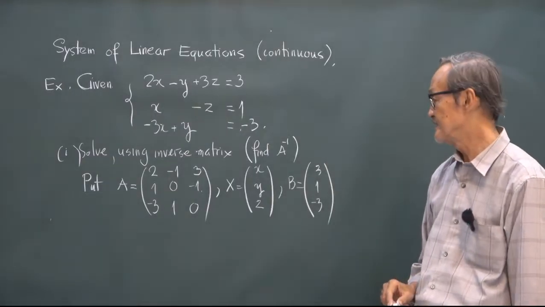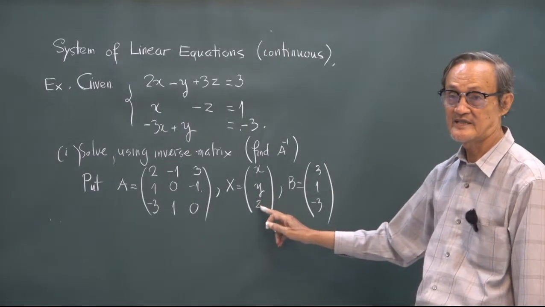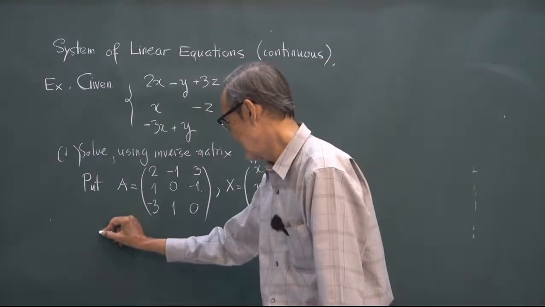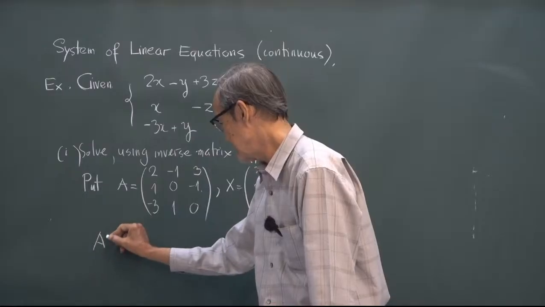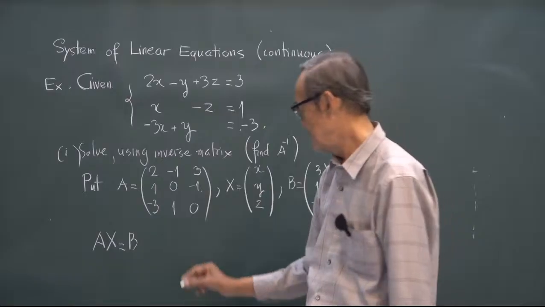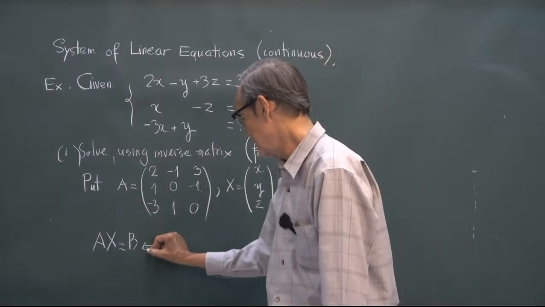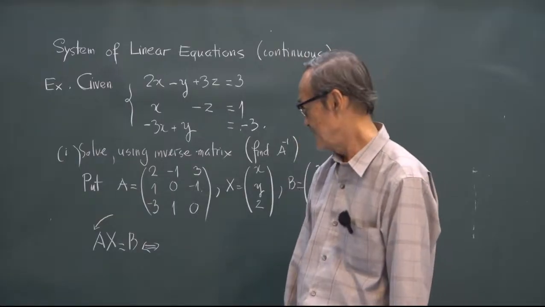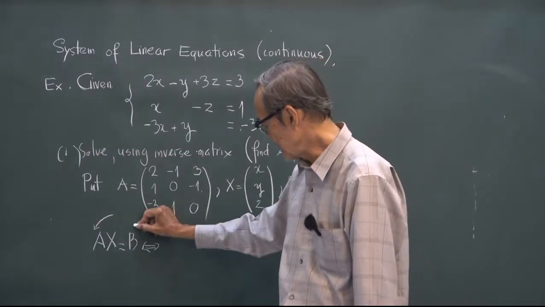Okay. Now that is a column, not a row. And we have AX equals B, which is equivalent to pre-multiplying the left hand side. Do the same thing, pre-multiply.